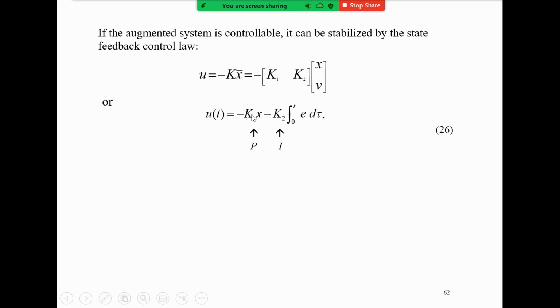One is minus K1, a matrix times X. Another one is minus K2, also a matrix times the integral, but the integral is a vector. So in other words, this is like a PI controller, but you can interpret it in this way. But remember, it's not a typical PID controller you have learned in the past, because there are multiple variables here.